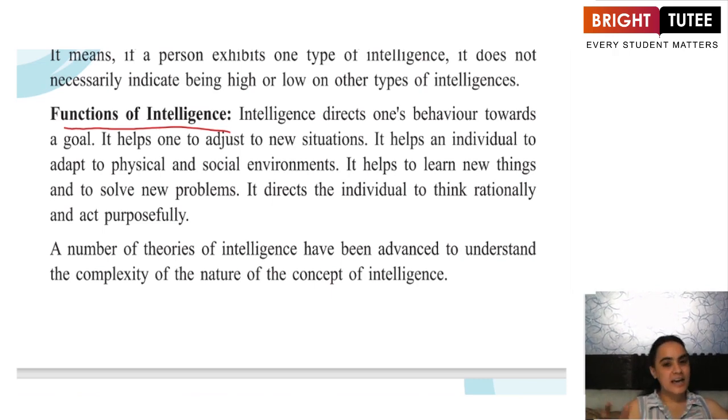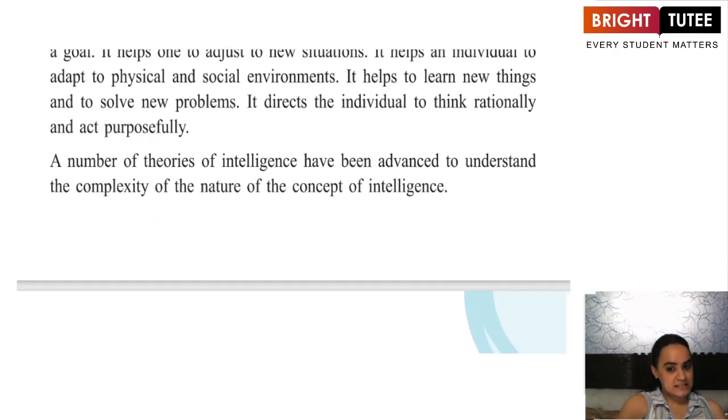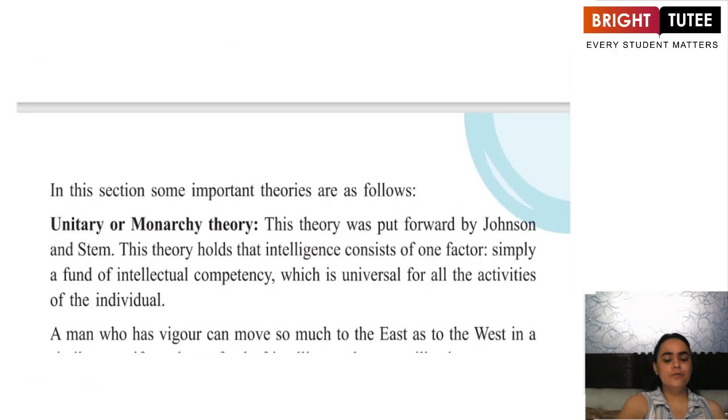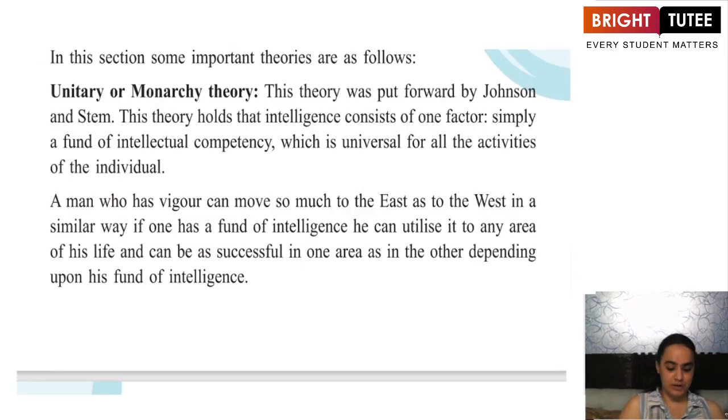Now, there are again a lot of theories of intelligence which have been used to understand how the nature of a person leads one to acquiring intelligence. For example, we have the unitary or monarchic theory. What do we mean by the unitary or monarchic theory?